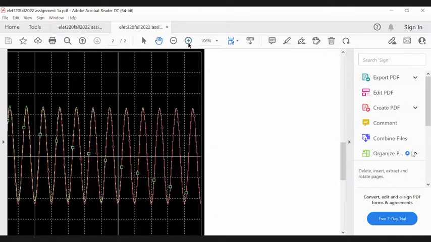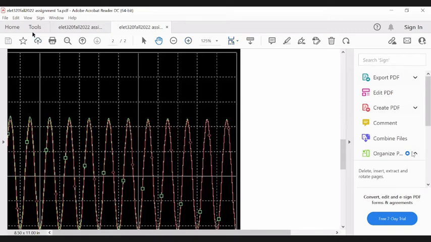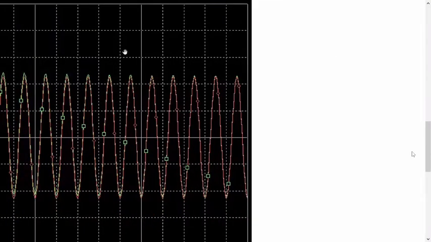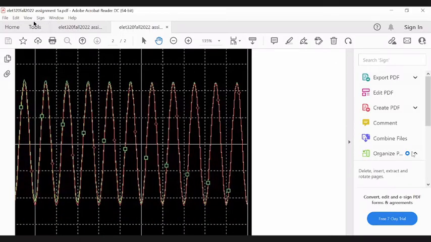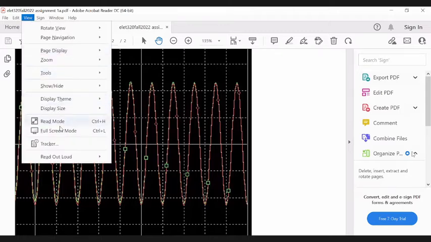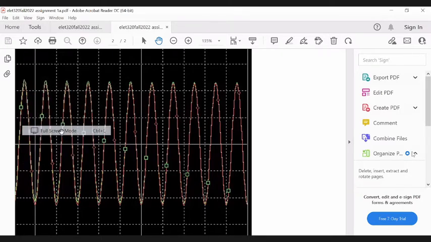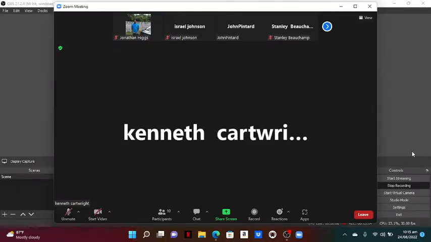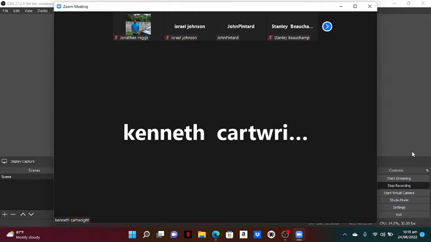Oh, I don't know why. Oh, that sucks. All right, give me a second here. Let me see if I can download it again. The problem is my PSpice is not working on this computer. It works on my other computer, but not this one, and I need this computer for my Zoom.